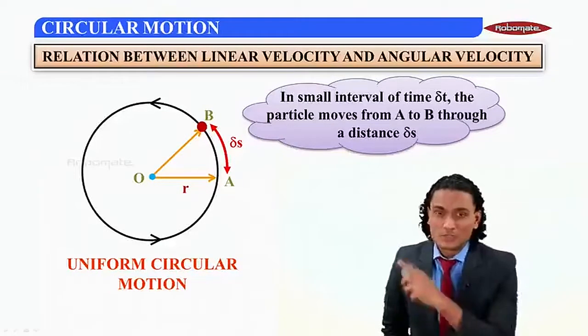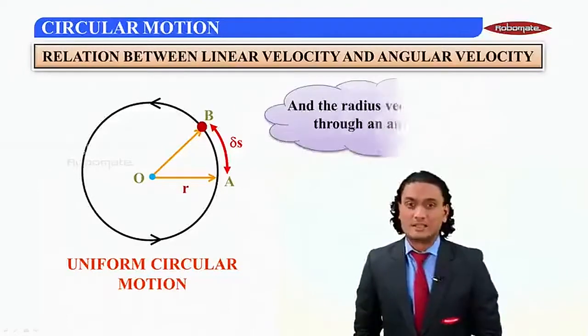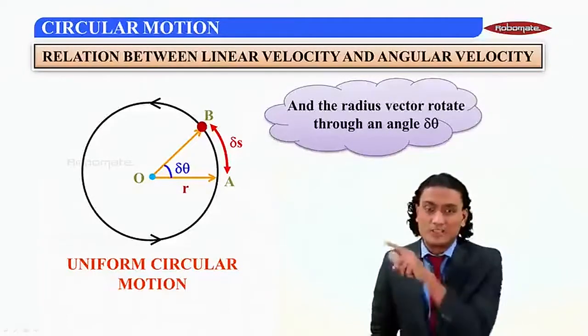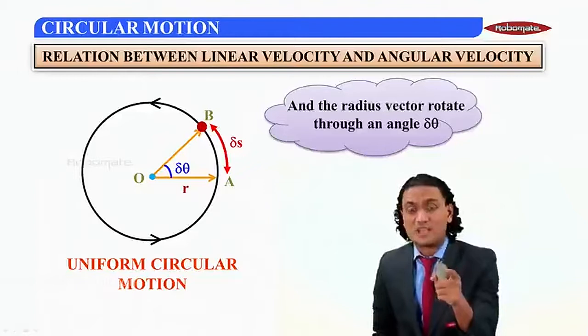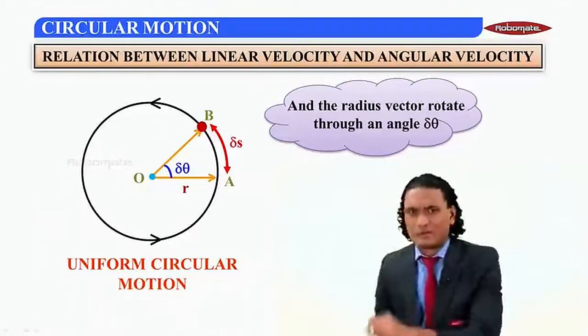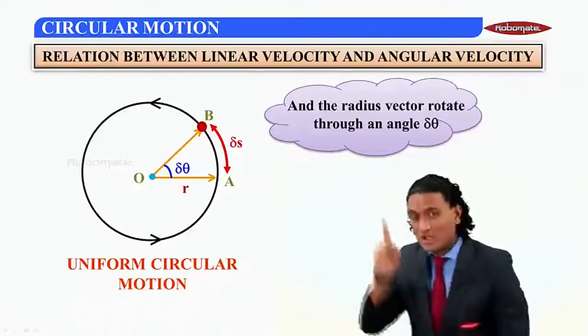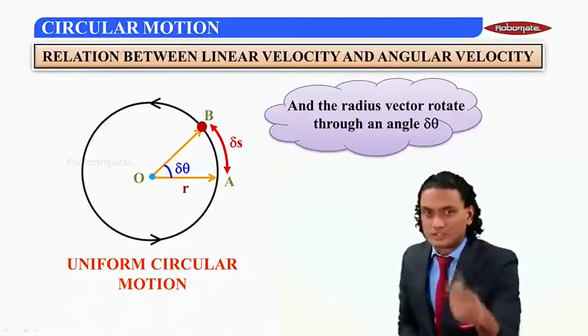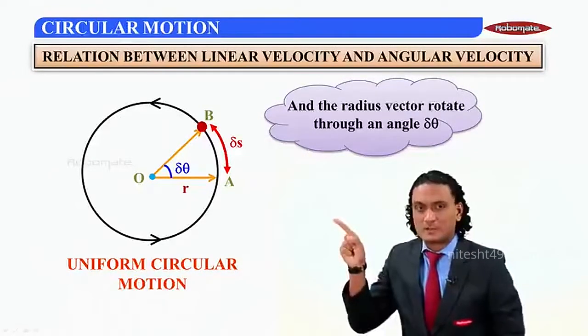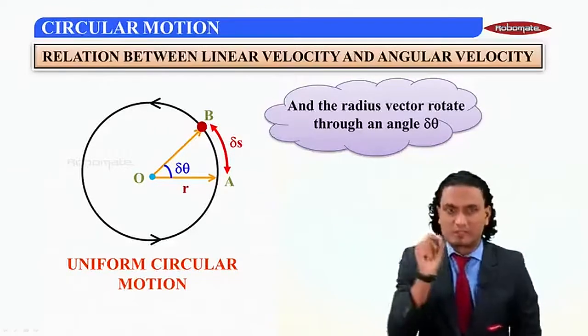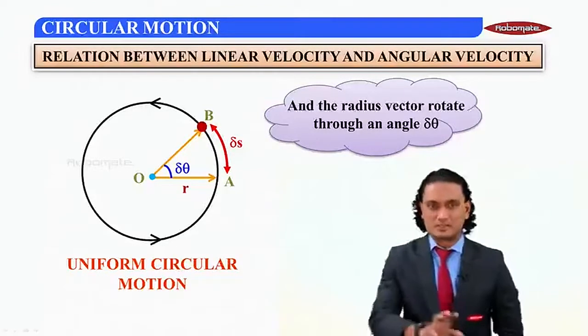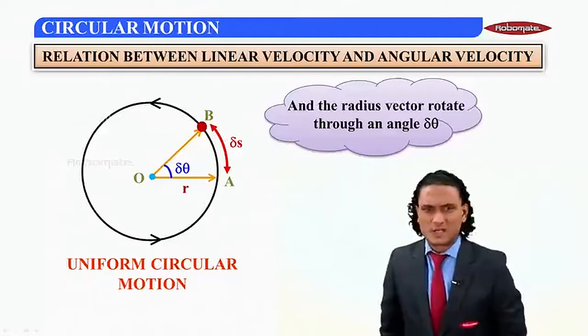Here, let delta theta be the angle through which the radius vector moves in a very, very small interval of time delta t. Is that clear? Here the time interval is very small, arc length AB is also very small, and the angular displacement delta theta is also a very, very small angular displacement. Any questions till now? No.